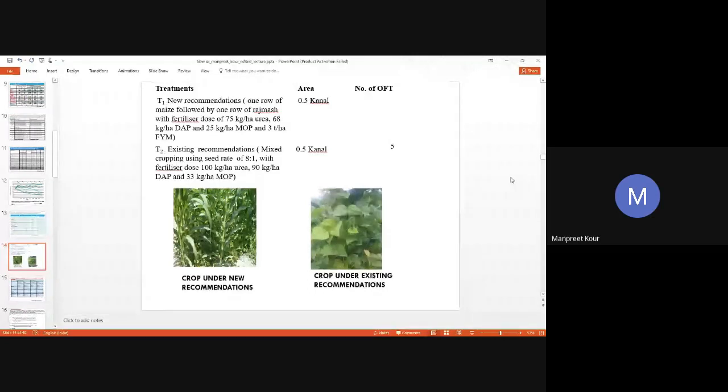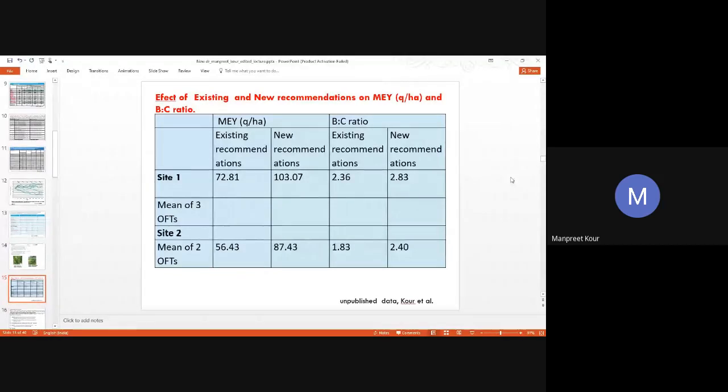Next slide, please. What we found is that where we used our new recommendations, the results are good and the BC ratio is better than the existing recommendations. On the basis of this, we changed our previous package of practices.